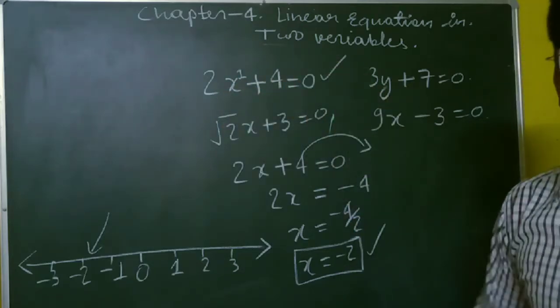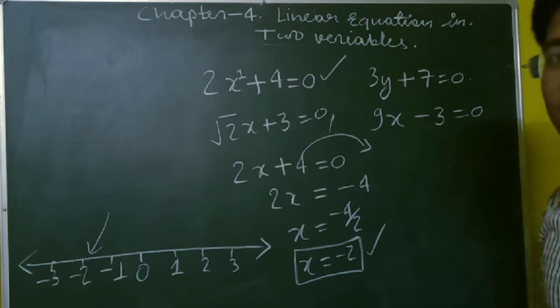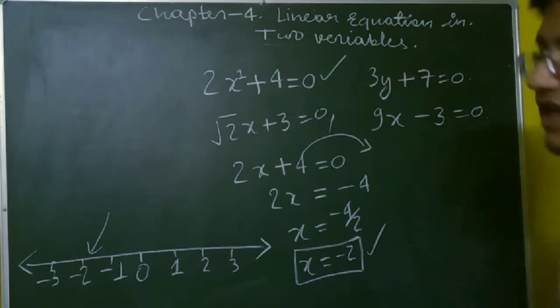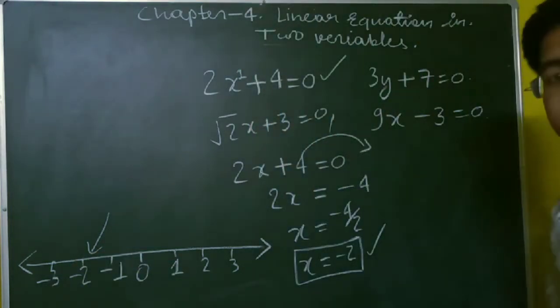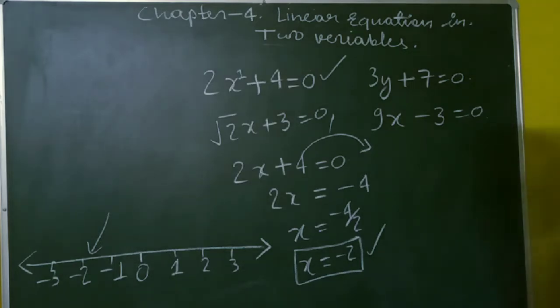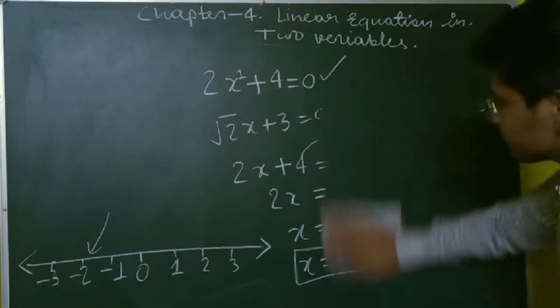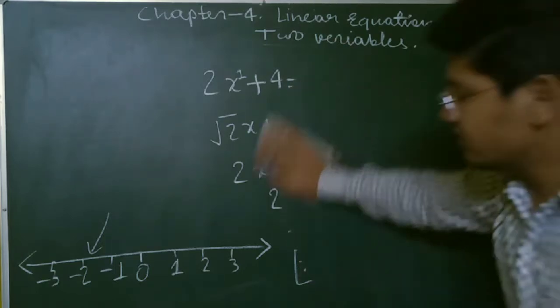Now the question will come in your mind, how we will represent the linear equation in two variables. So before understanding that, we are considering some examples of linear equation in two variables. So how are the linear equations in two variables formed? Let's suppose two cricket players are there.